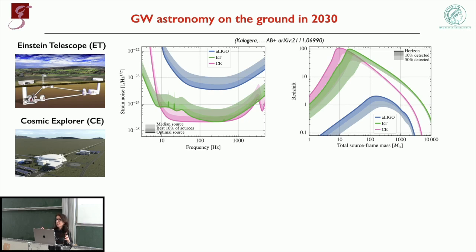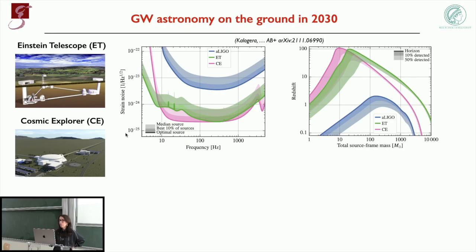We expect, but this is not yet funded, new facilities on the ground: the Einstein Telescope in Europe, and Cosmic Explorer in the US. Now you can see the noise spectral density of the current detector, Advanced LIGO, contrasted with that of Einstein Telescope and Cosmic Explorer. These detectors are trying to go to low frequency, down to those few hertz I was mentioning before.